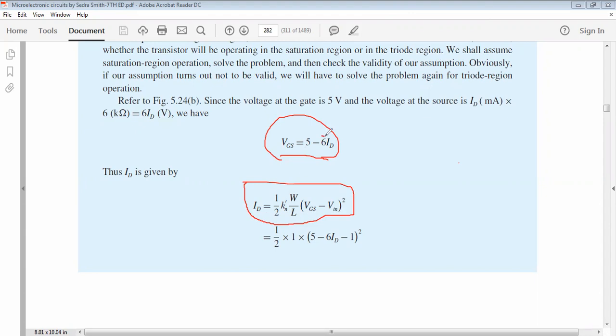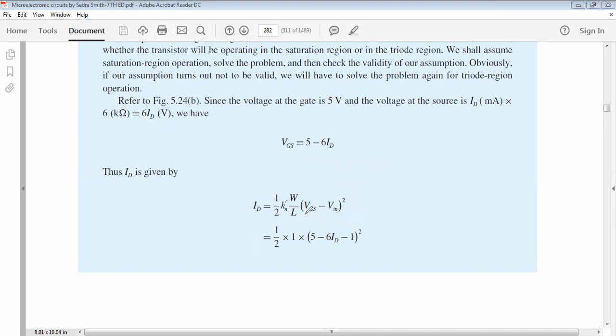Here 6 is actually 6 kilo ohms, but generally ID is represented in milliamperes, so milli and kilo get cancelled and our calculation is simplified. Instead of writing 6K, we write simply 6 and express the drain current in milliamperes.